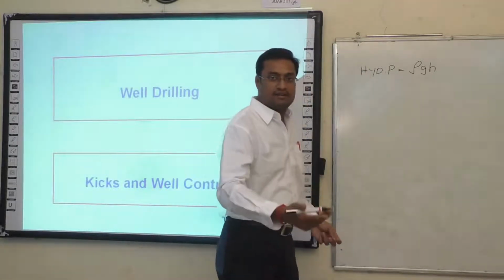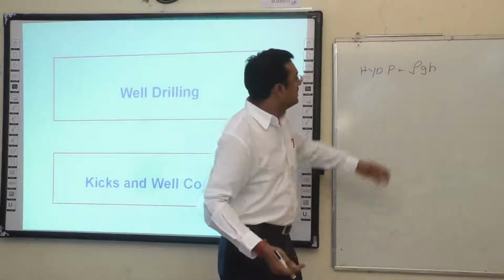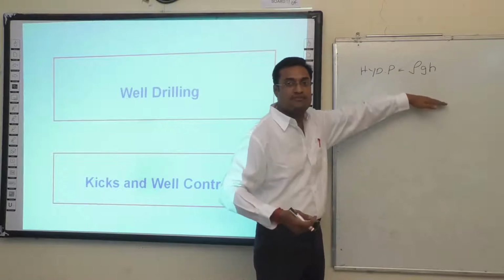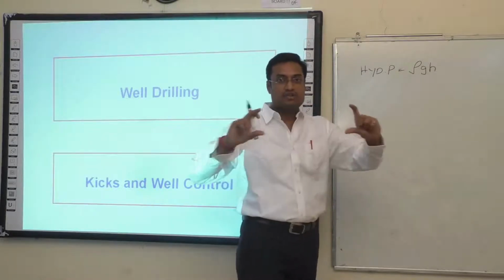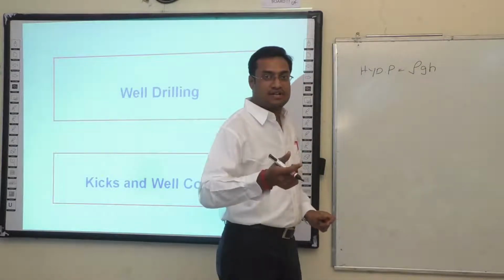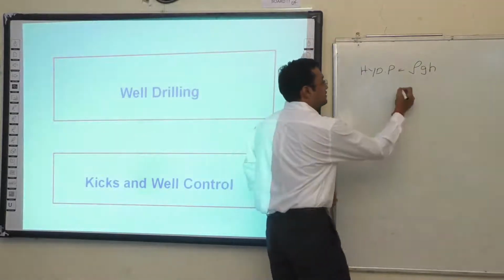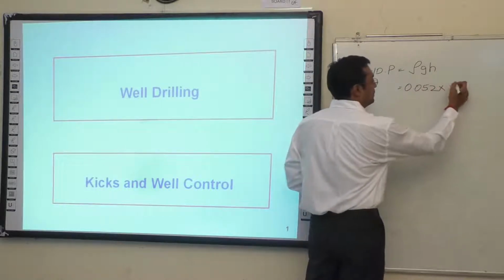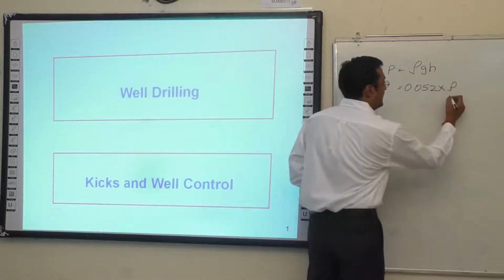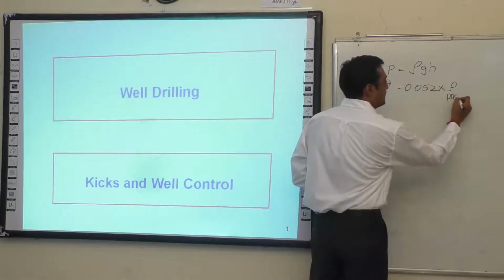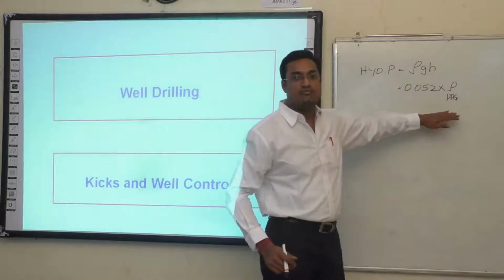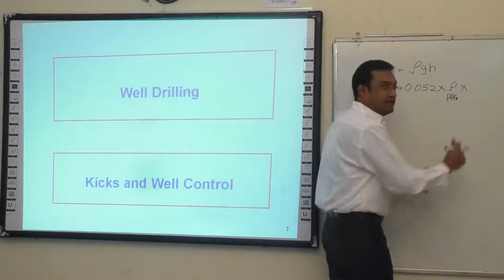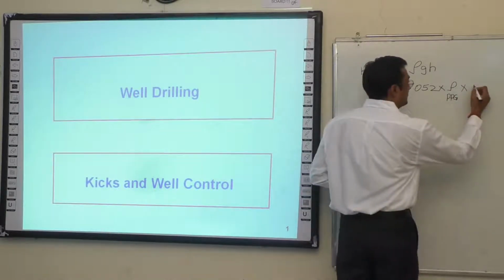But for oil field terms, we remove g, the acceleration due to gravity, and we simplify the formula with numbers so that you can calculate the hydrostatic pressure in field units. So hydrostatic pressure is 0.052 times the density of the fluid in pounds per gallon, times h. h is the height, here we call it depth.